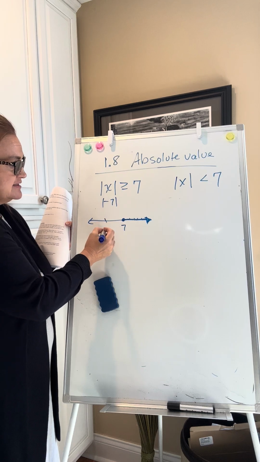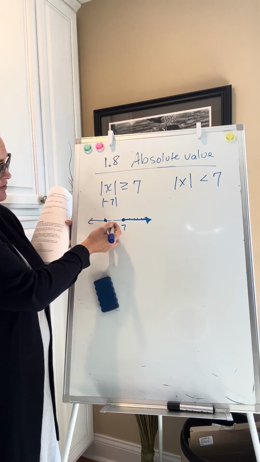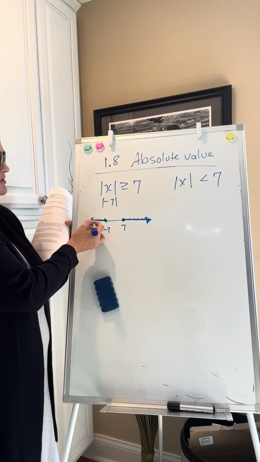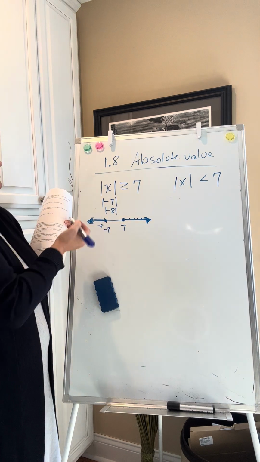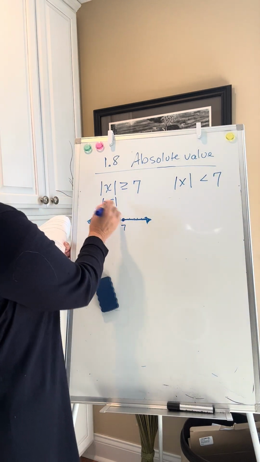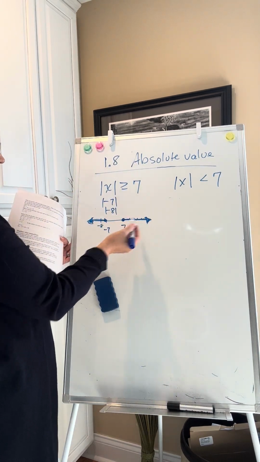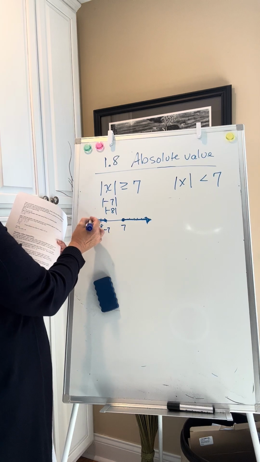Well, what else works? Do I need to go this way or over here? It's actually going to be this direction. I need to plug in like negative 8. Negative 8 would be back to the left. If I plug in negative 8, its absolute value is 8, and that's greater than or equal to 7. Negative 9, negative 10, so it also goes that direction.